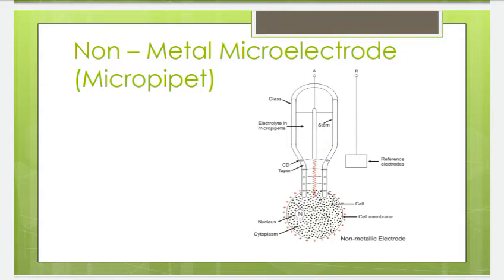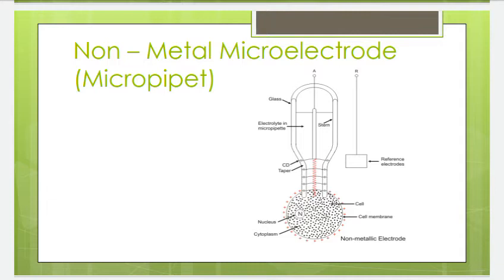Normally this micropipette is filled with an electrolyte solution, that is potassium chloride, 3 molar potassium chloride, which is compatible with cellular fluid.